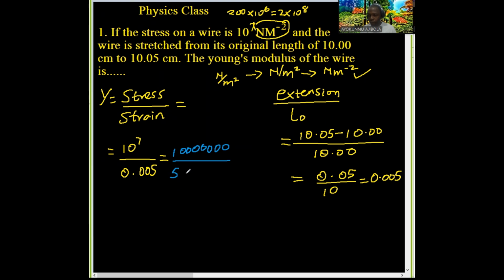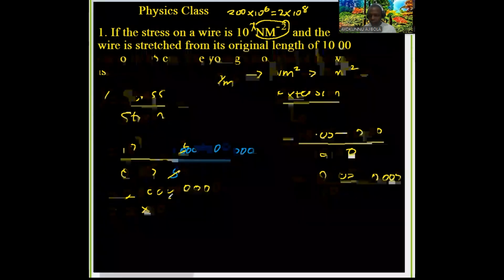If I turn this 0.005 to 5, then I have three more zeros above. So I can now divide: 5 in 10 is 2. Then the final answer is going to be 2 with 9 zeros. This is going to be 2 times 10 raised to the power 9.